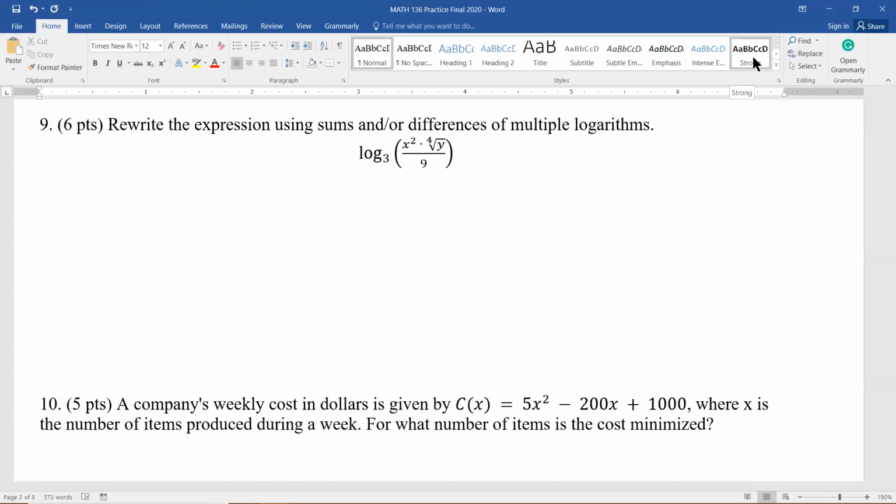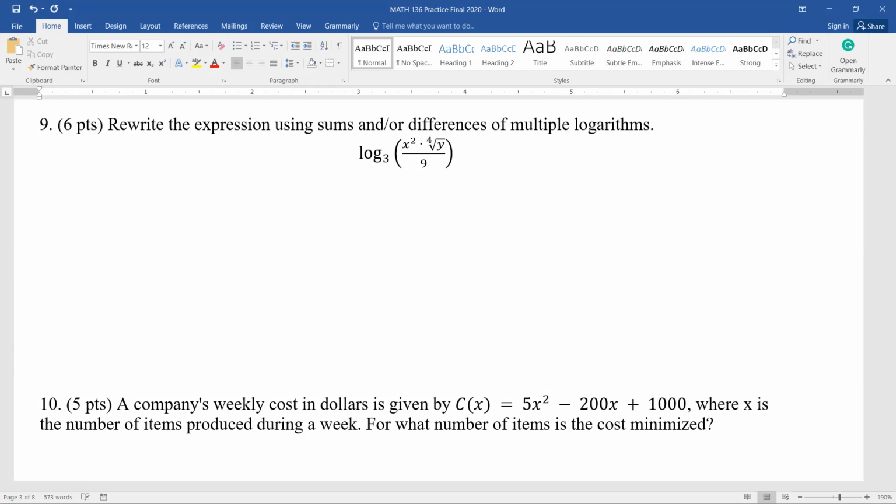Moving on to question number 9, we're asked to rewrite the expression using sums and or differences of multiple logs. So the first thing I'm going to do is break this apart using our quotient property. So remember, log of the numerator minus log of the denominator.